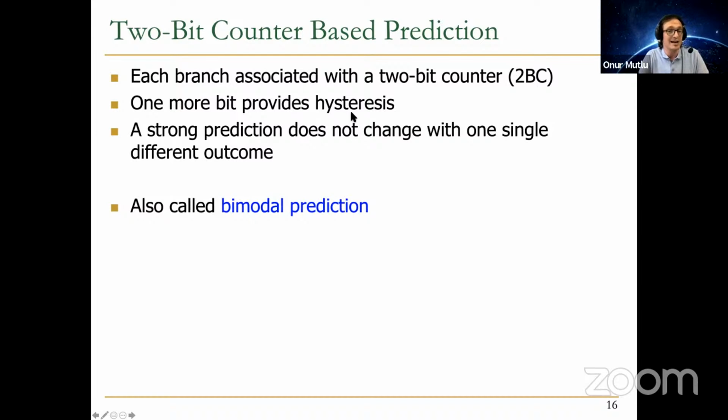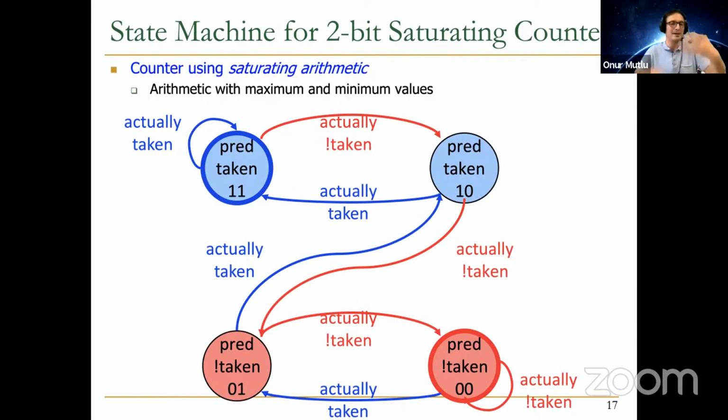So 1 more bit provides this hysteresis. And the key idea is a strong prediction does not change with 1 single different outcome. You wait for some evidence before you change your belief or thinking, essentially. If you think about humans, that's how we may behave also. If we have strong evidence for something, we don't want to change that.